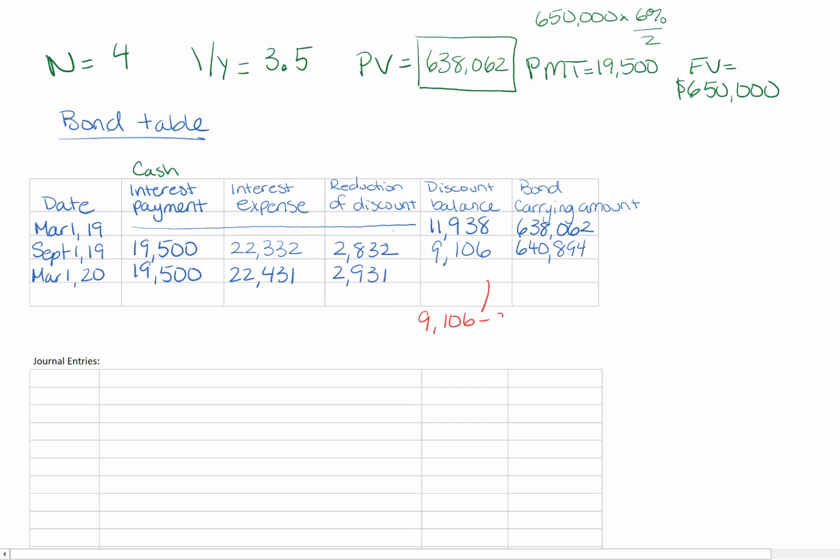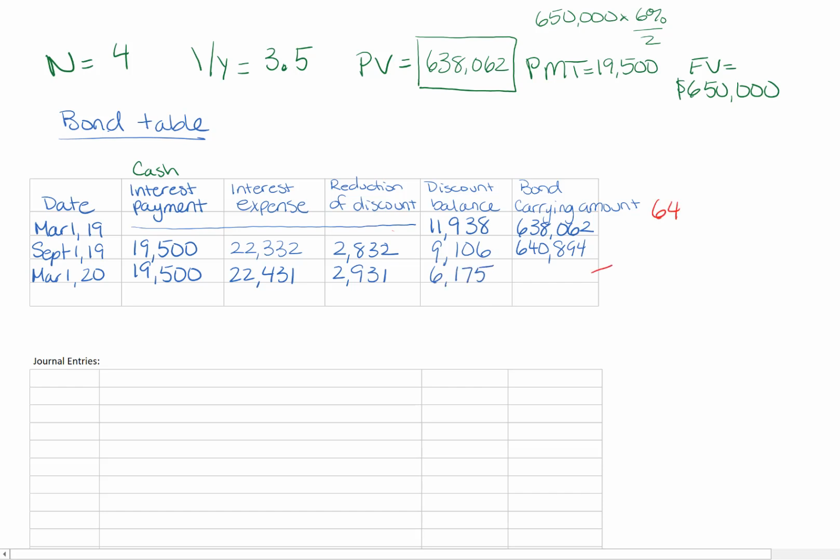So our new discount balance can be calculated by taking the $9,106, the old discount balance, and subtracting the $2,931. Our new discount balance is sitting at $6,175.